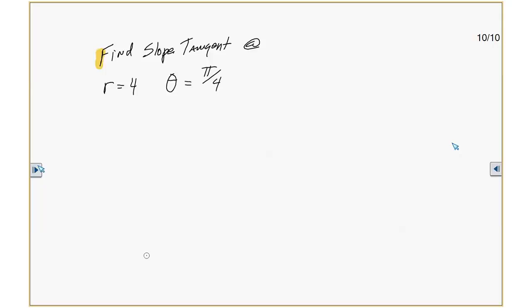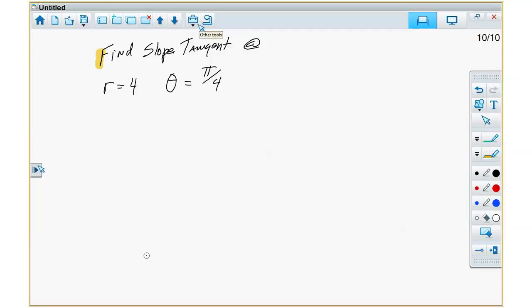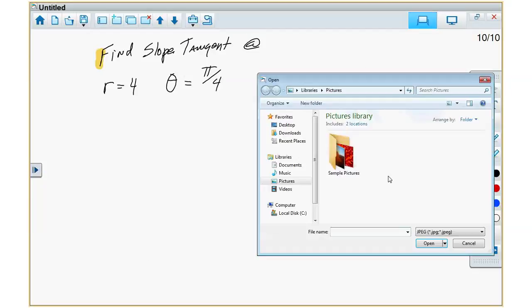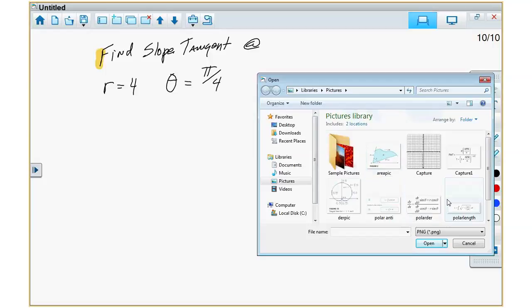So you got to use your formula, and that's the derivative formula that I've shared with you at the beginning of the class. I'm trying to find it. There it is.